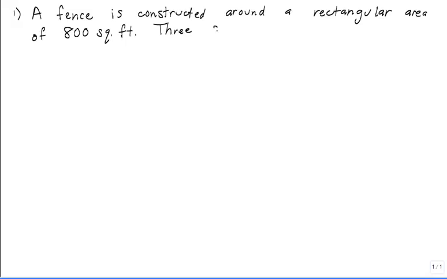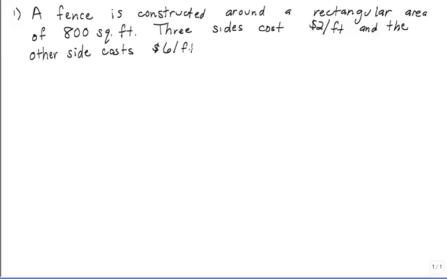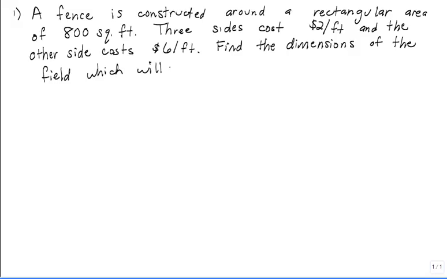Three sides cost $2 per foot, and the other side costs $6 per foot. Find the dimensions of the field which will give a minimum cost.